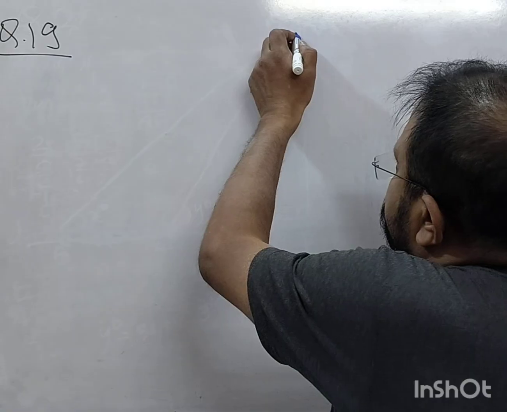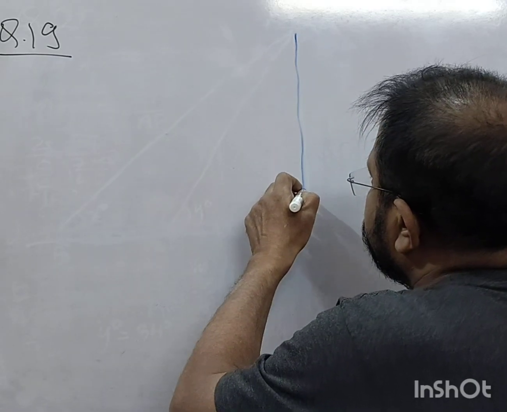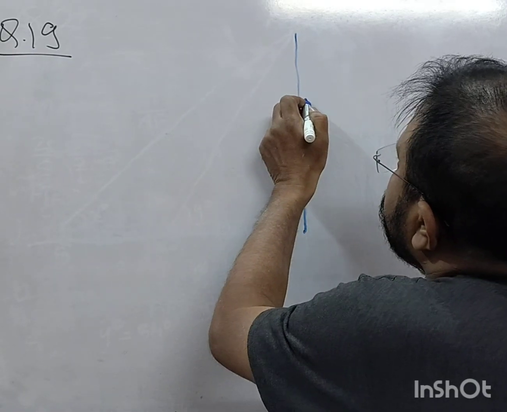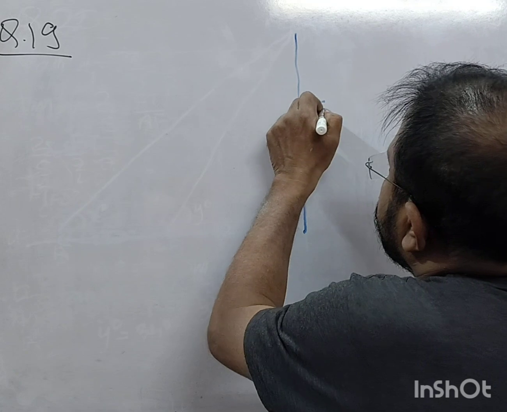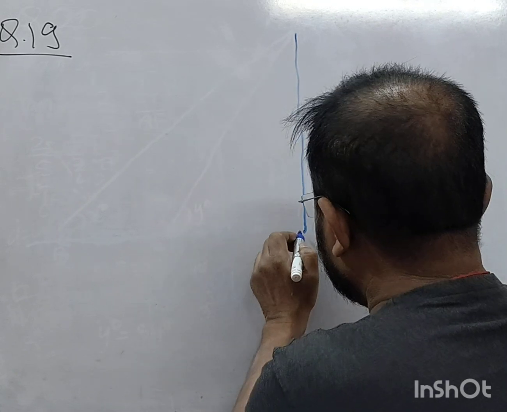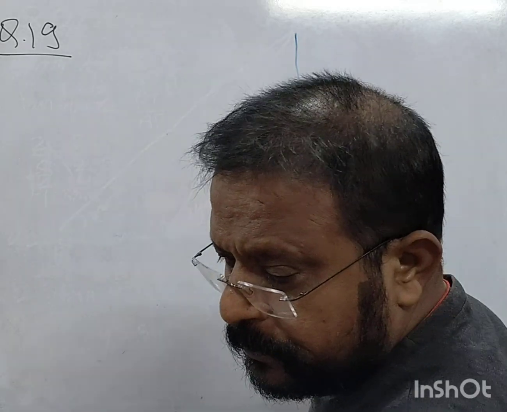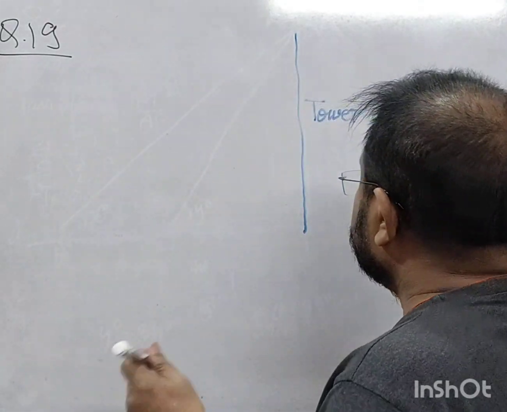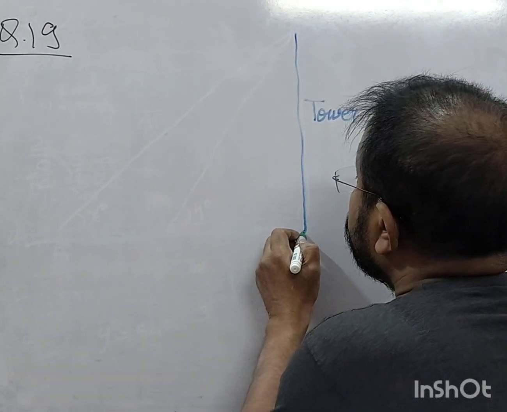There is a tower. This is a tower. Right? And this is the ground.